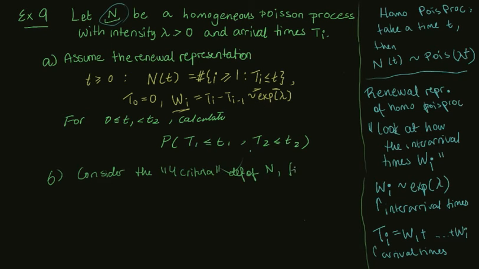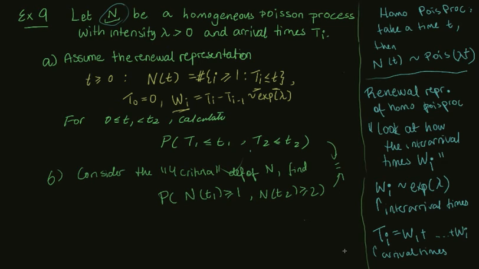the probability that N of t1 is greater than or equal to 1, and N of t2 is greater than or equal to 2, at the time points t1 and t2 that we also considered in A. And of course, what we're going to be doing here is actually to show that these two things are equal to each other.